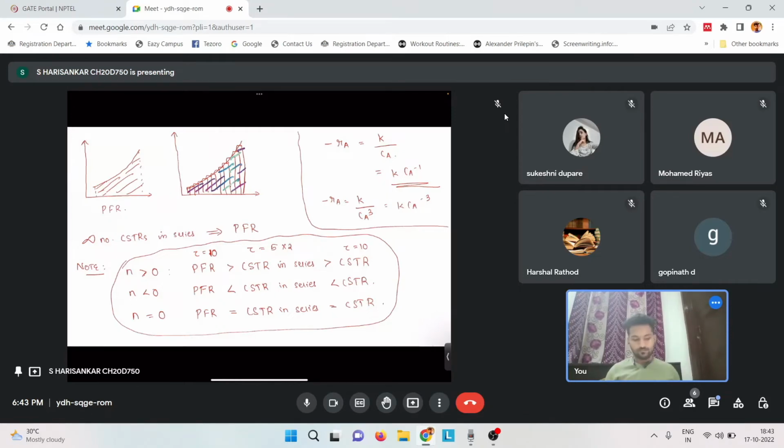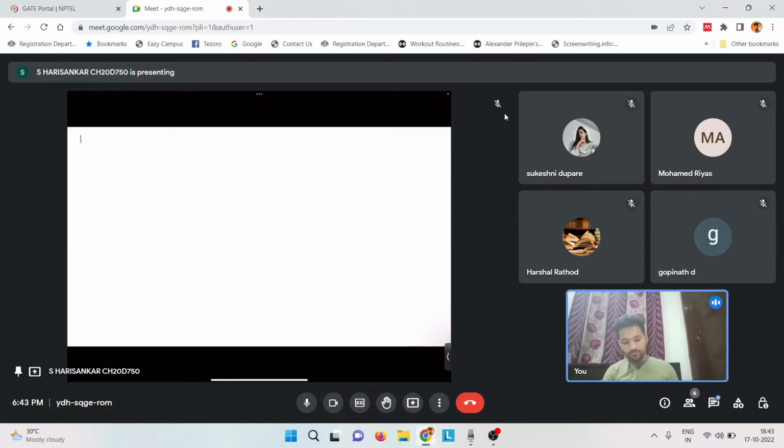Okay, fine. Now, what if we looked at CSTR in series now? Let's look at PFR in series. Let's take a PFR like this, which has a space time of tau 1 or a volume of V1. We have another PFR like this, which has a space time of tau 2 and a volume V2, and so on up to n PFRs.